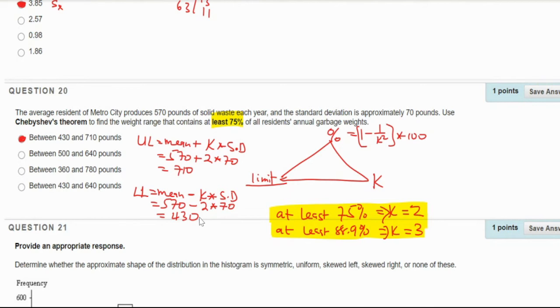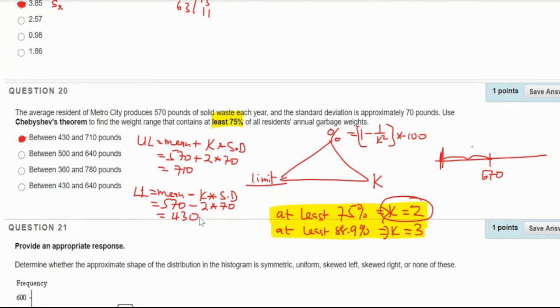Now suppose you're confused and you don't remember this formula. Let me show you another way. Draw a small line like this and put the mean in the middle, which is 570. Because K is equal to 2, you go 1, 2.